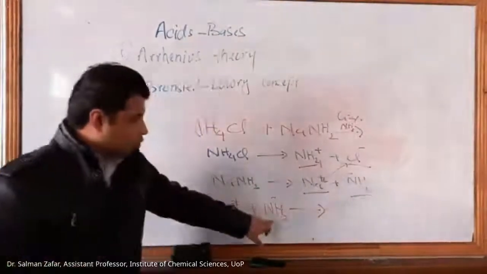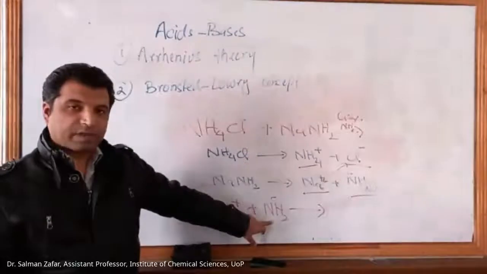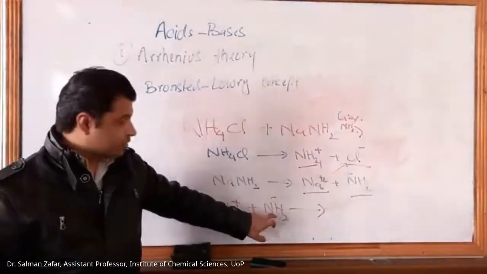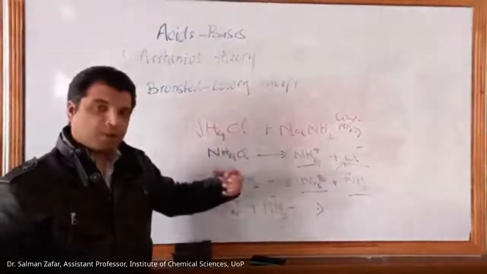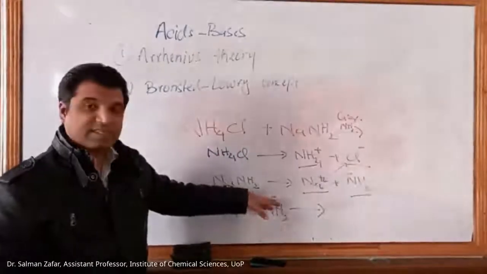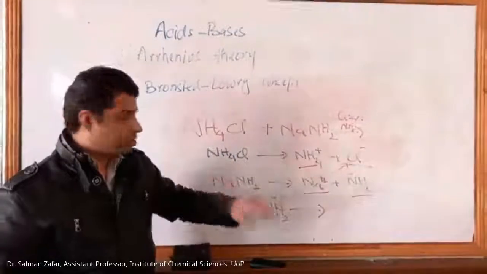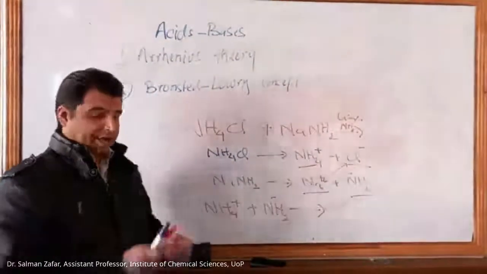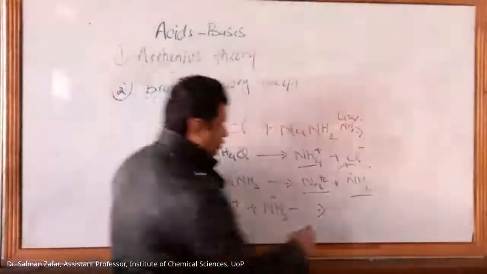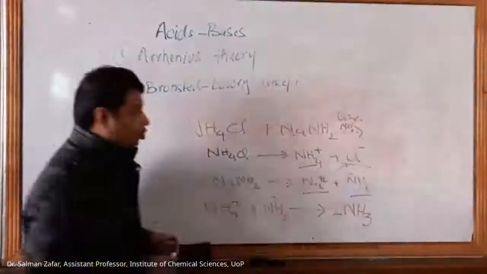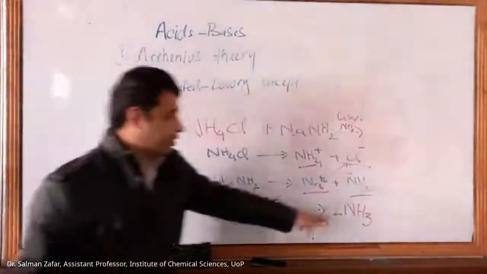So what would be the result after extraction of hydrogen ion by amide? This will take up a positive charge, neutralize its negative charge, and that positive charge is coming in the form of H. This would be converted into NH3. So we will have the formation of two ammonia molecules.